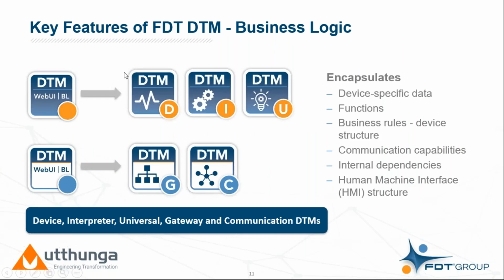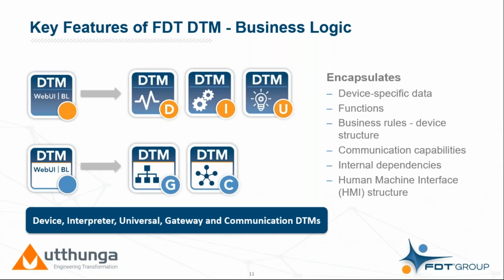I mentioned the FDT DTMs briefly earlier. These are the device drivers that support all the devices that are connected to the FDT3 system. And I bring this up here just so that you have an awareness. This is where all the information that we're about to talk about with OPC UA comes from. So the vendor creates the DTM for their device.